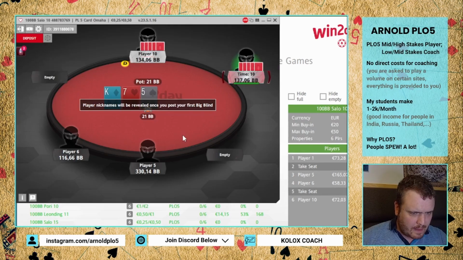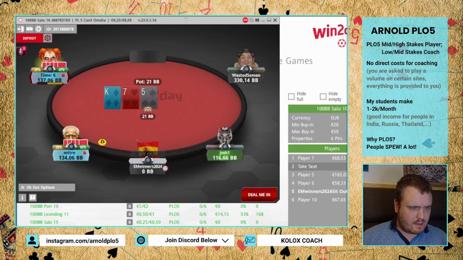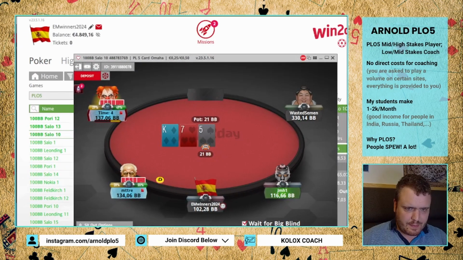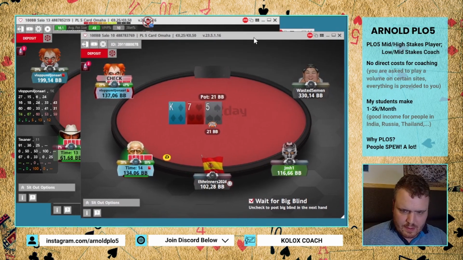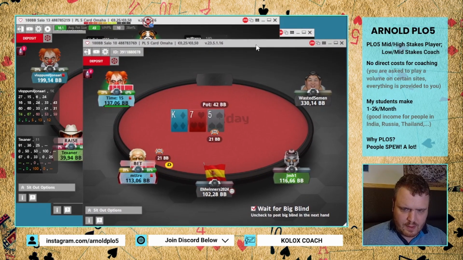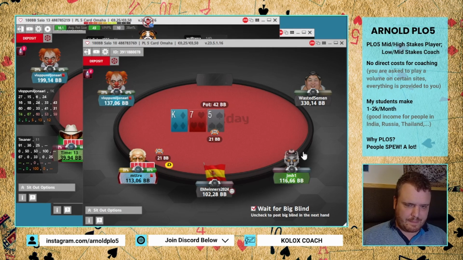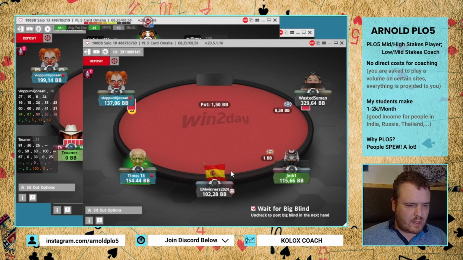So, and this is where I want to play. Why do I do that? Now I'm playing in position to the very loose guy. And I have way more post-flop decisions when I'm in position.